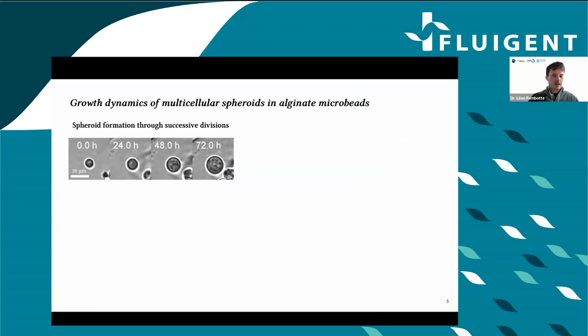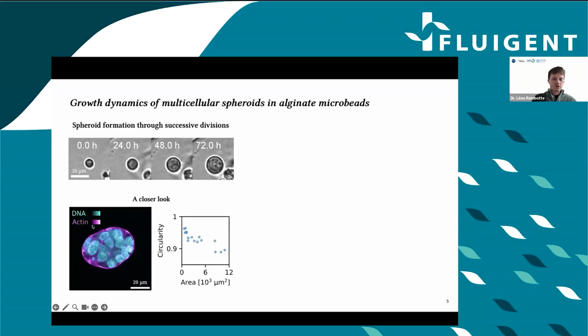So at first sight, it might seem that it's just one cell that grows and grows, which is not very possible. And I can reassure you that we actually have several cells in our spheroids, as you can see here in this confocal image of the nuclei and of the actin cytoskeleton of the cells in a spheroid that we produced in our microbeads.